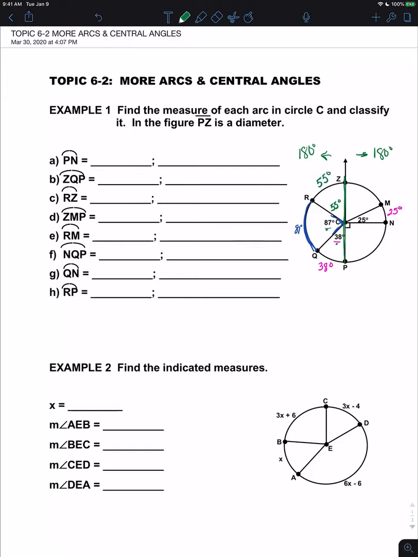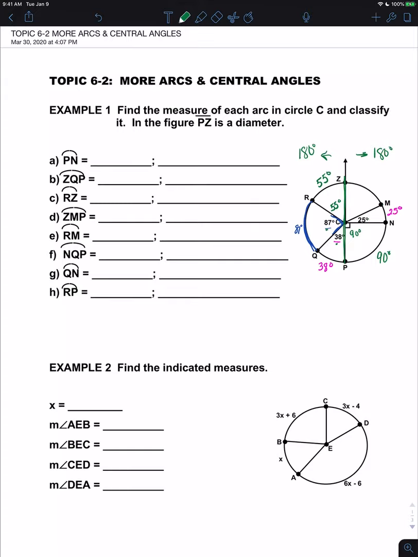Okay, so if this one is 25 degrees from M to N, the little box here from P to N tells me that that's a 90 degree angle. Well, if it's a 90 degree angle, then the arc is also 90 degrees. So then to find the arc from Z to M, not the length but the degrees, sorry, we would take 180 minus the 90 minus the 25.